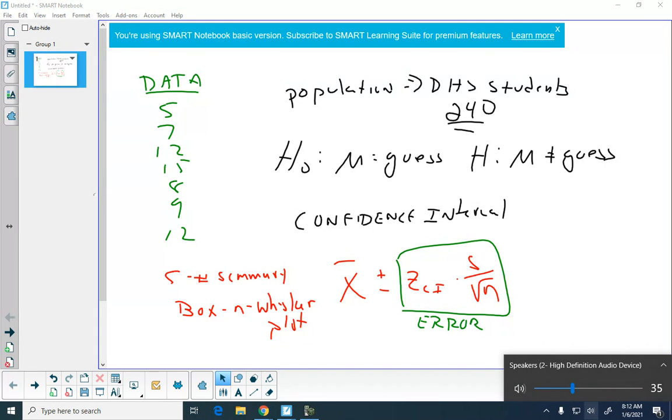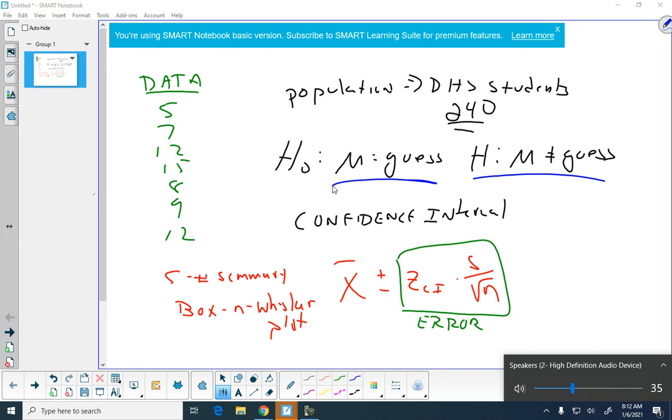And once again, when you do your hypothesis testing at the end, it is okay if you were really off on your guess. If you reject the null hypothesis, that is fine, it just means you didn't have a good guess.